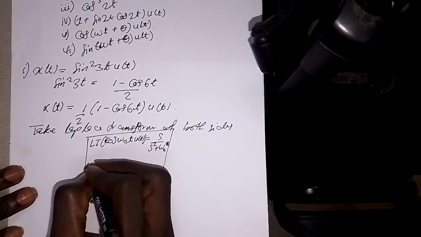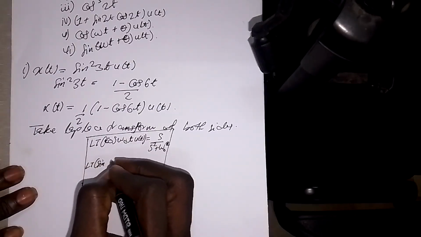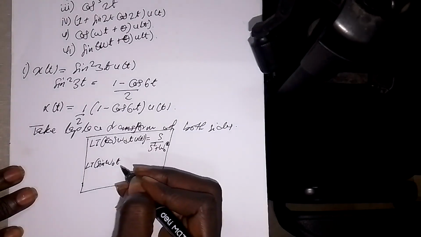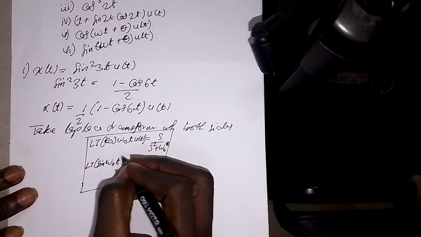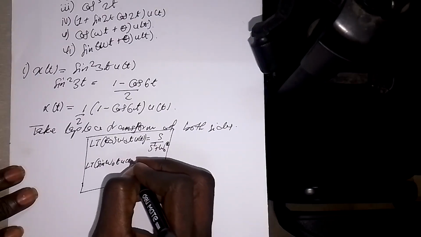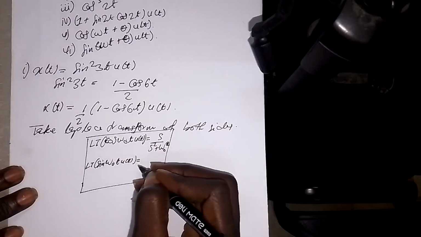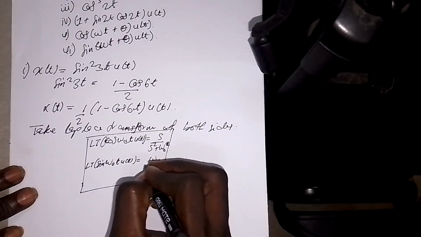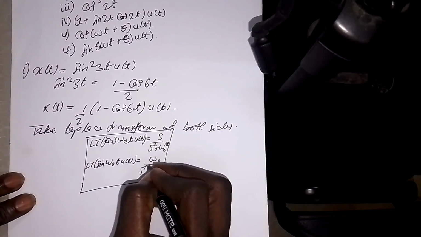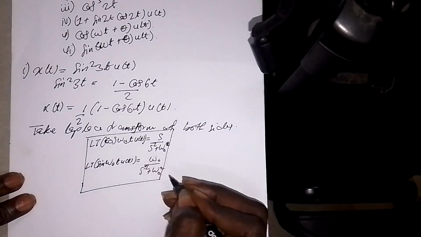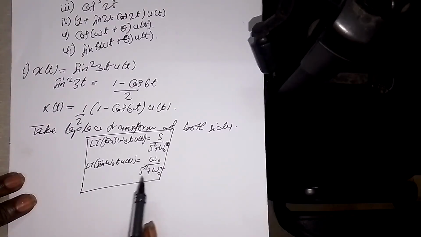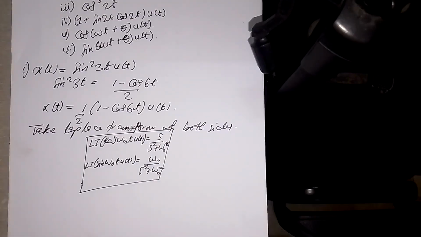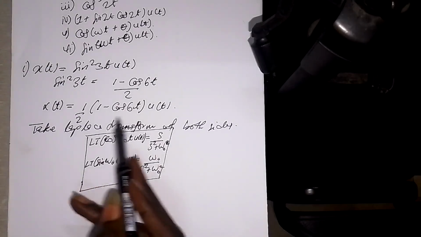And the Laplace transform of sine omega naught t into u of t, we also got omega naught over s squared plus omega naught squared. Please, if you have forgotten this, revise our previous lectures, they are over there. I'm just going to use these values that I got at that time to find what I have over here.